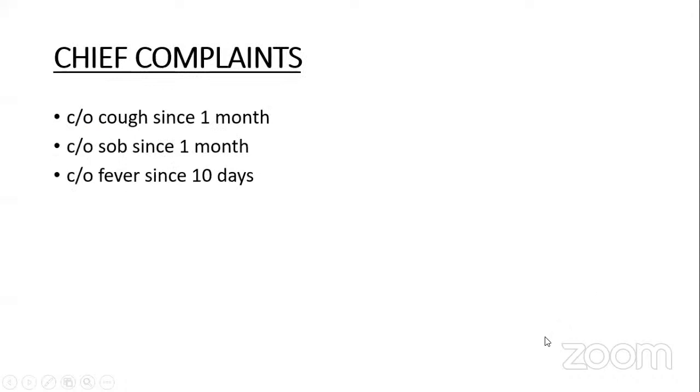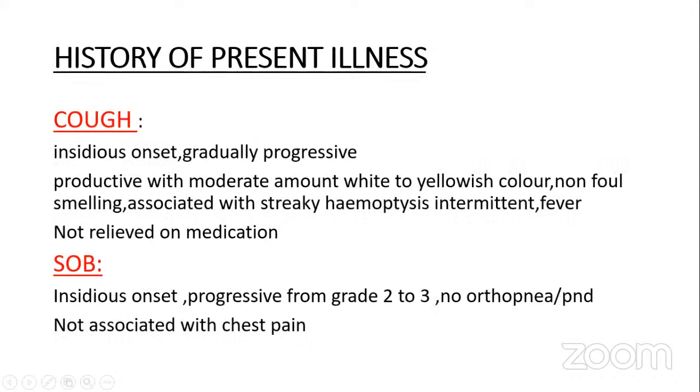Yes. So moving on to the chief complaint, the patient has a chief complaint of cough since 1 month, shortness of breath since 1 month and fever since 10 days. The cough was insidious in onset, gradually progressive, productive with moderate amount, white to yellowish color, non-foul smelling, associated with streaky hemoptysis, and intermittent fever which was not relieved on medication.